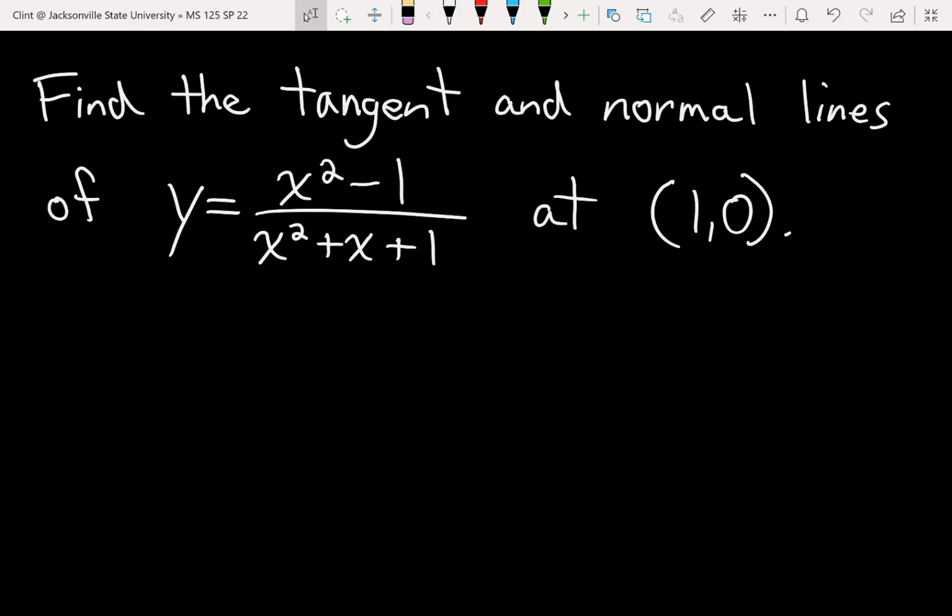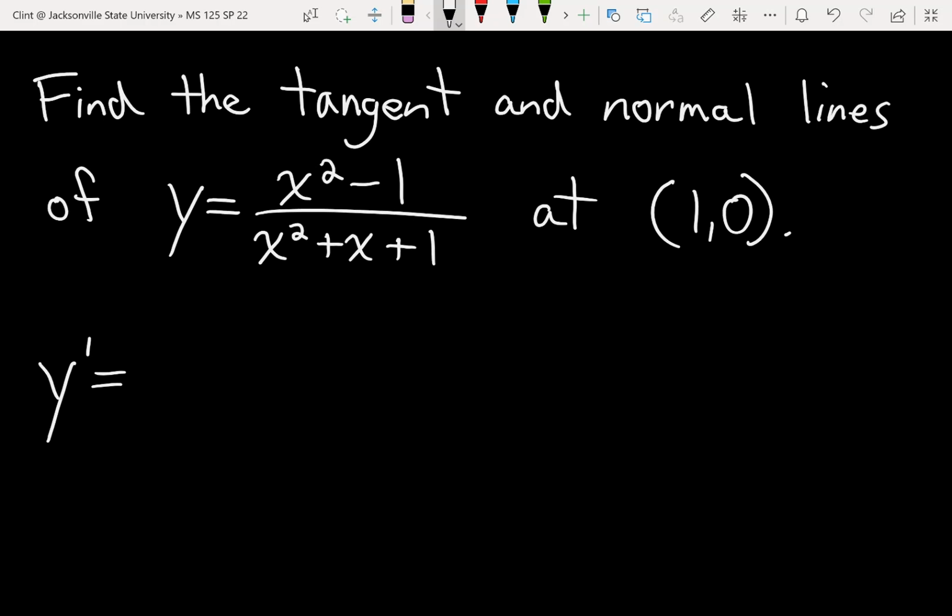So to get the slope of the tangent line, we need the derivative. So we need y prime here. Doing the quotient rule. Bottom won't factor, so that would be nice if it would.